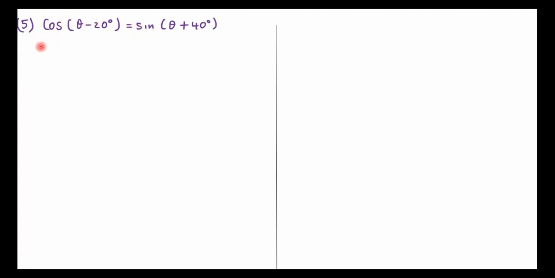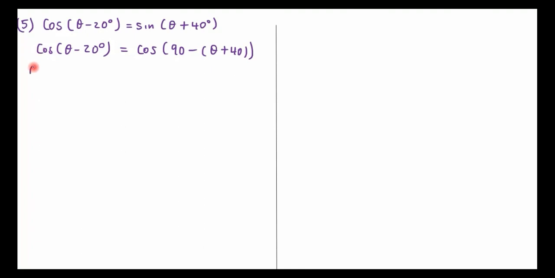I'm going to write sine according to a cofunction, or using cofunctions. So I have theta minus 20 here, which means what I'm going to do is change this into cos of 90 minus theta plus 40 degrees. By having it like this, I can see that now I have the same trig ratio on both sides.